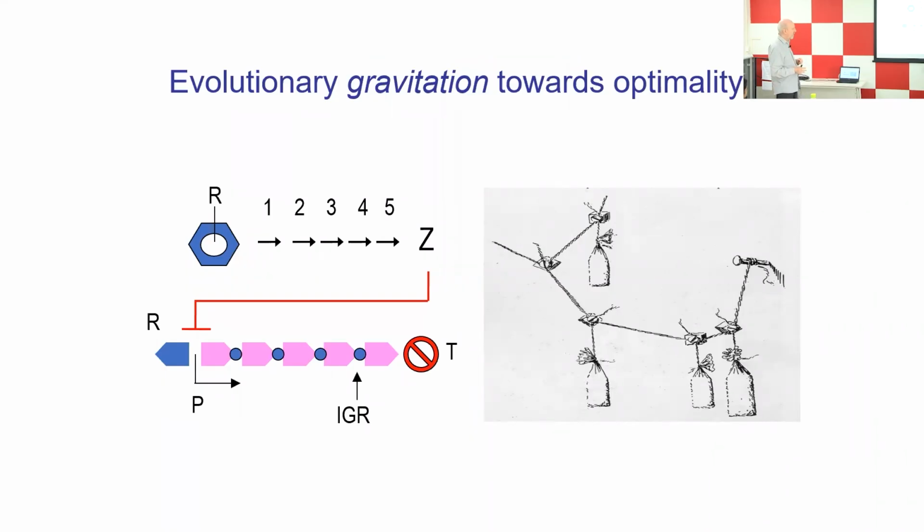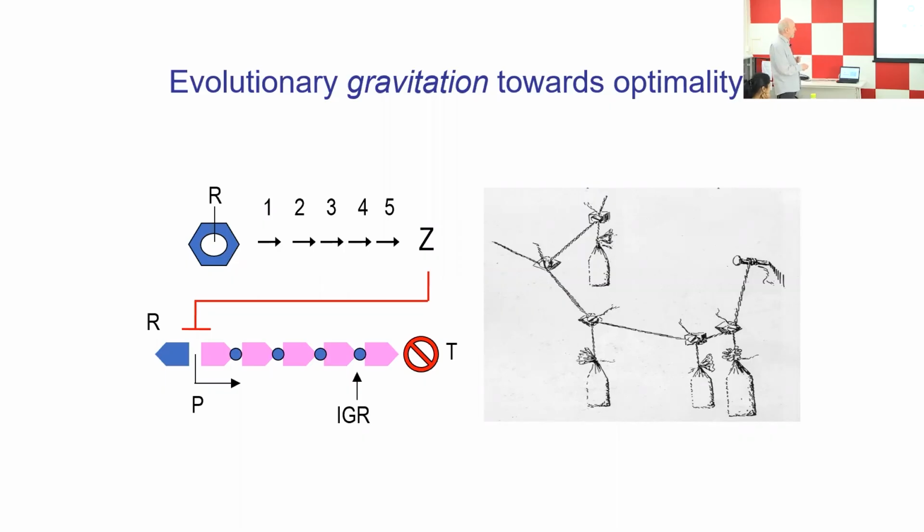Then you can do the construct, and the construct will work as you expect. But if you don't know the parameters, and that happens all the time in biology, or you know only some parameters, but not all of them, then the only way that we have to solve the complexity design problem is to rely on a different principle.